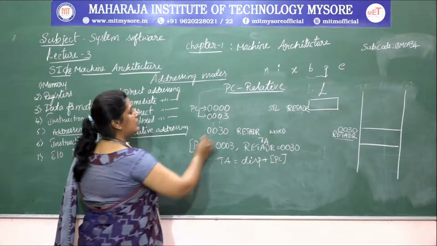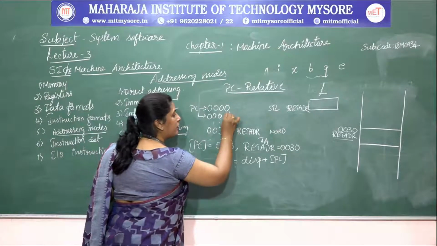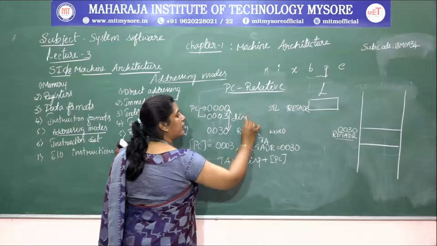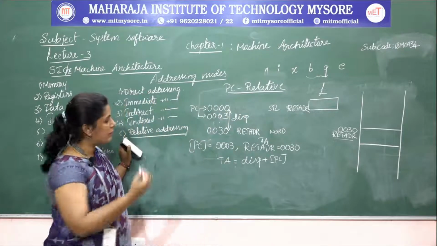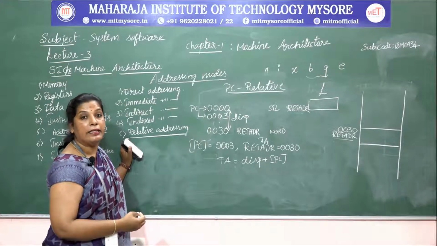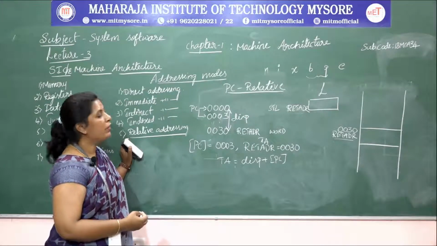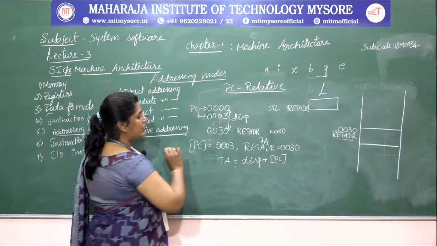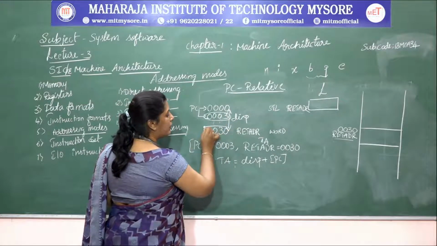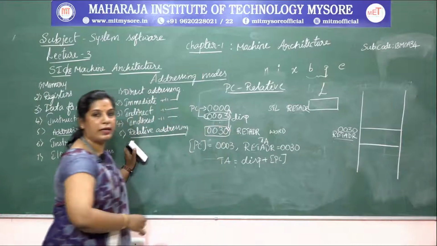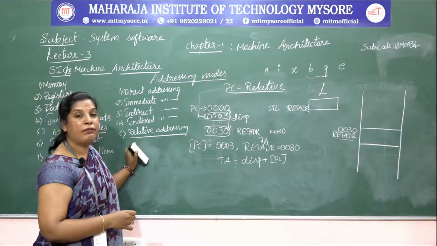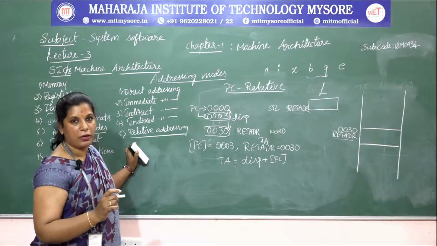So the distance between these two instructions is called the displacement value. To get the displacement value, I need to subtract the current program counter value from the target address. Then we will get the displacement value.